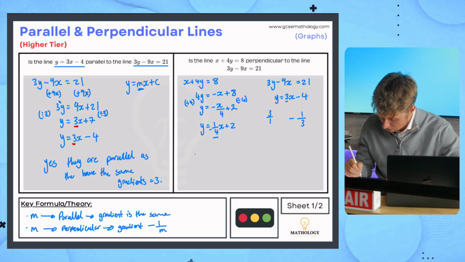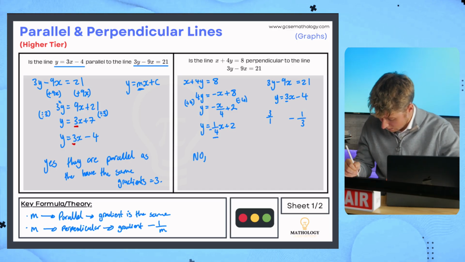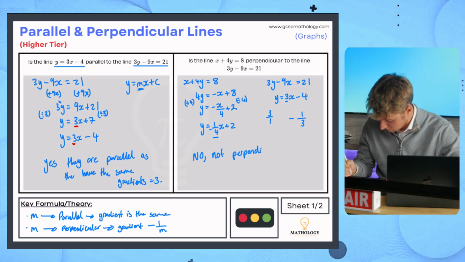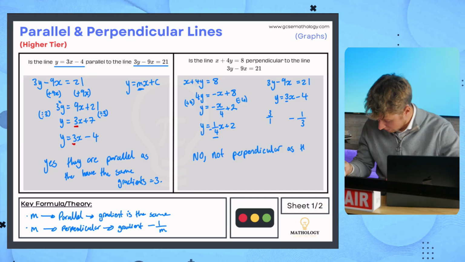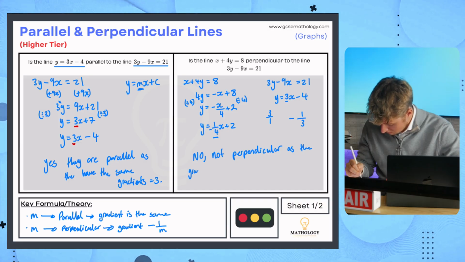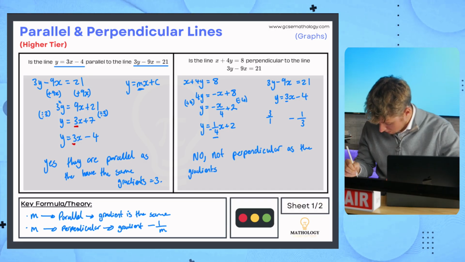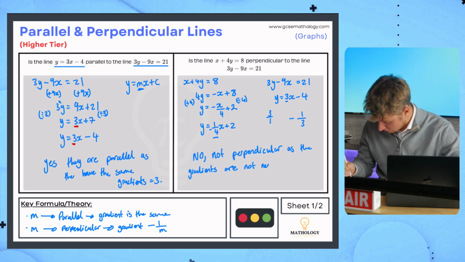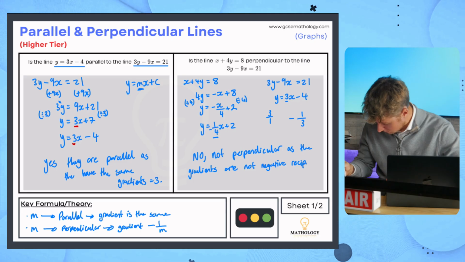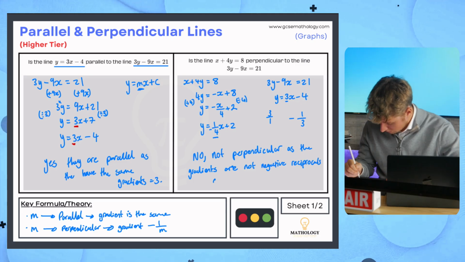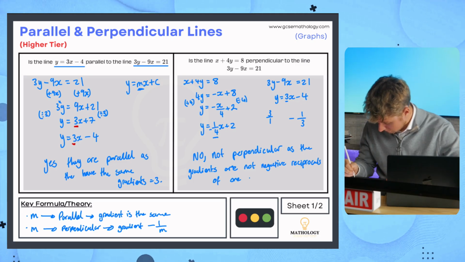So no, not perpendicular, as the gradients are not negative reciprocals of one another.